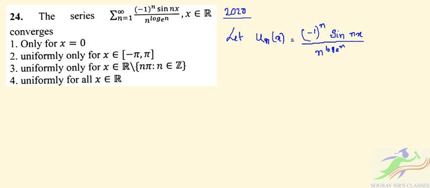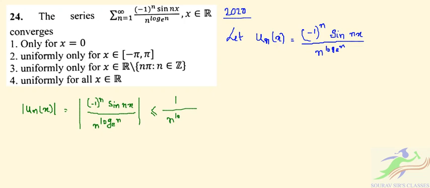If we consider this u_n(x) and write it in modulus, it will be |(-1)^n sin(nx)| over n^(log_e n), which will be less than or equal to 1 by n^(log_e n), which will be less than 1 by n^n.